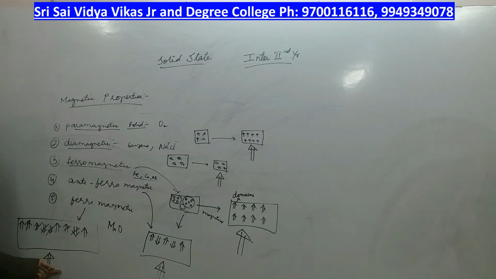Whenever a magnetic field is applied, the domains are aligned but not in a fixed pattern. So, some magnetic moment will be left in the solid, but with the removal of the external magnetic field, they go back and become paramagnetic substances. Or even if you heat ferrimagnetic compounds, they go back as paramagnetic compounds, right.